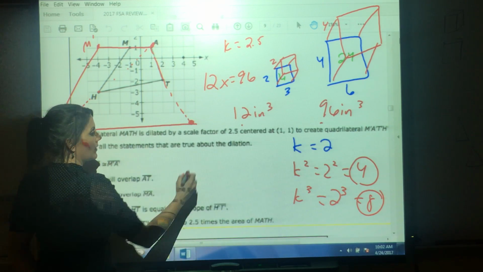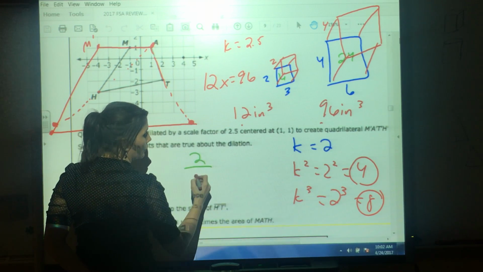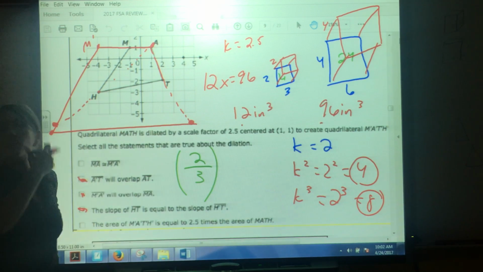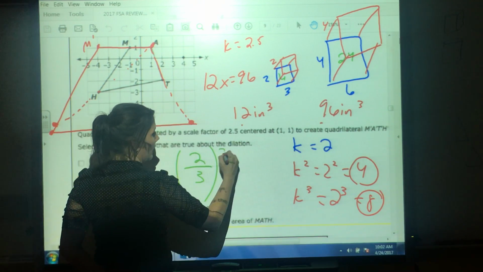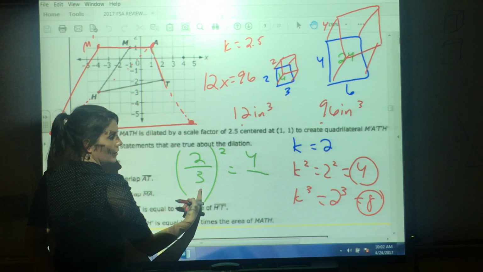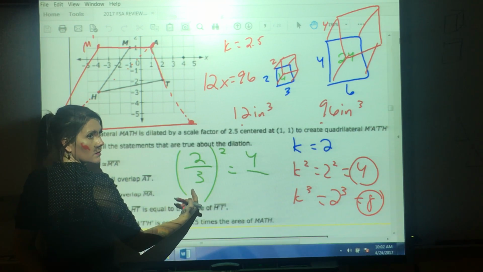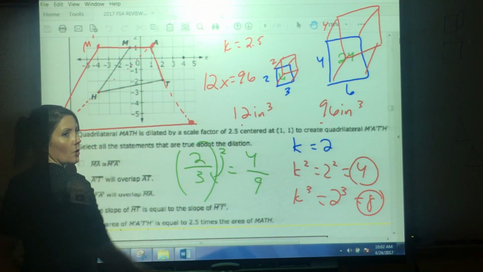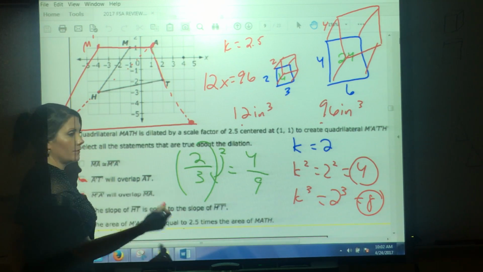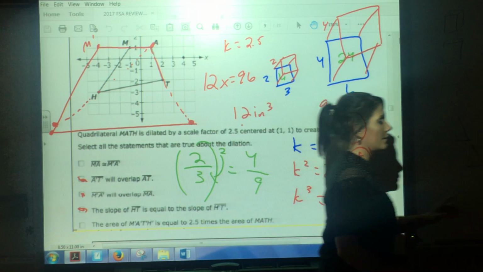Especially if they do something to you and they say, okay, it's in a ratio of 2 to 3, the perimeter of a figure. Well, what is the ratio of their areas? It's going to be 4 over 9. You have to distribute that to both. All right? Yeah, just be careful with that stuff.